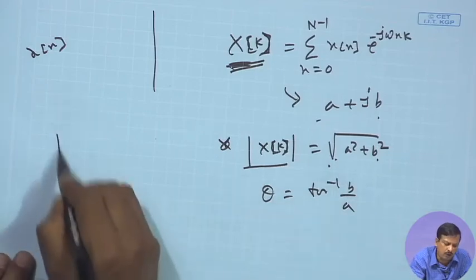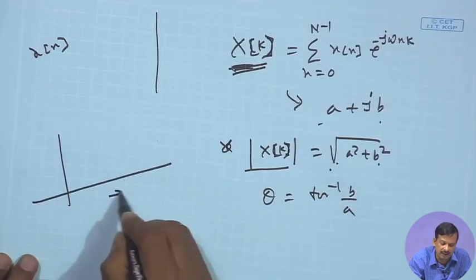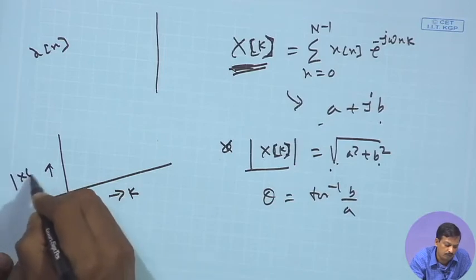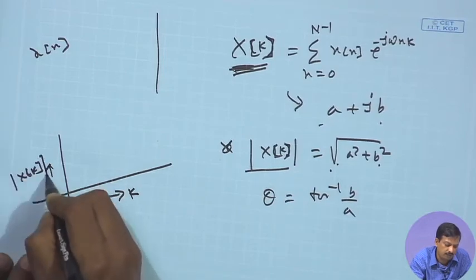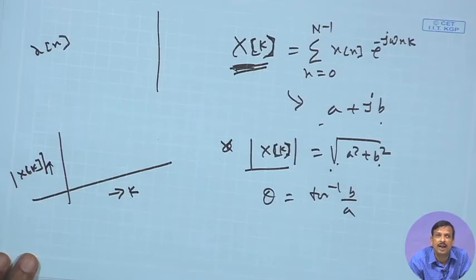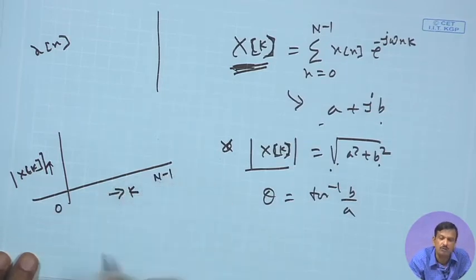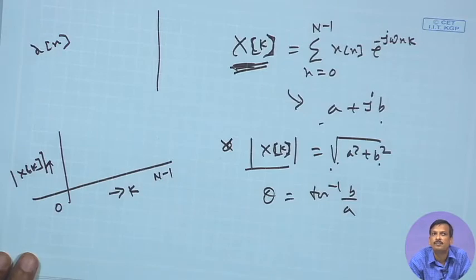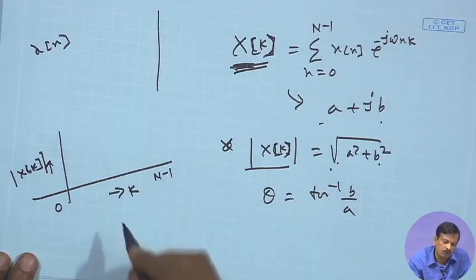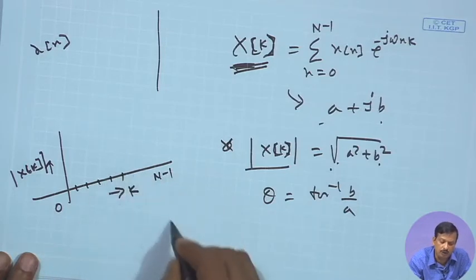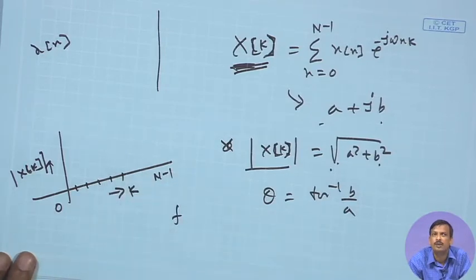Now, if I want to draw it, this axis is k and this axis is the power, mod of X[k], where k varies from 0 to N minus 1. Now, I do not want the discrete frequency k. Can you make the axis f instead of k?